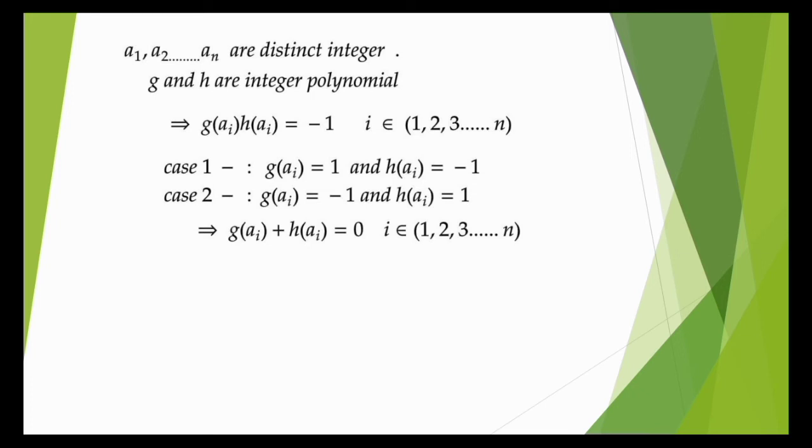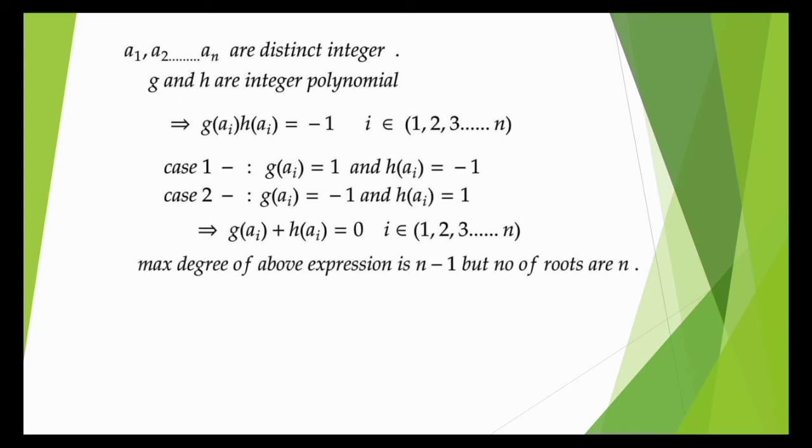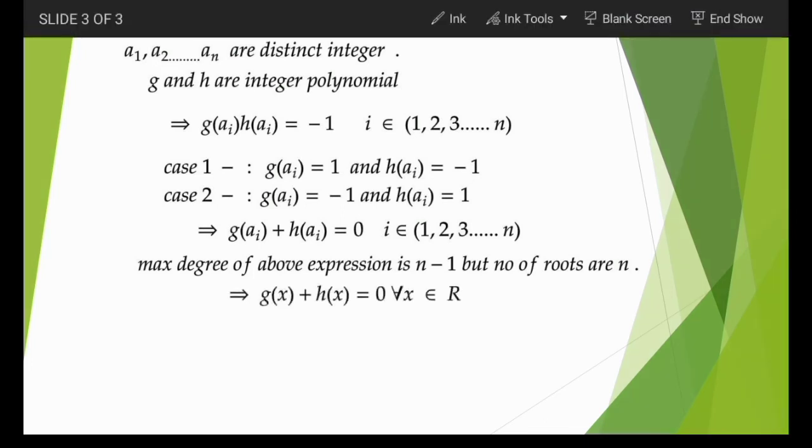Next, the maximum degree of the above expression is n minus 1, but the number of roots is n. We can clearly see that the number of roots which satisfy the above expression is n. So we can say that g of x plus h of x equals 0 for every x in the reals.